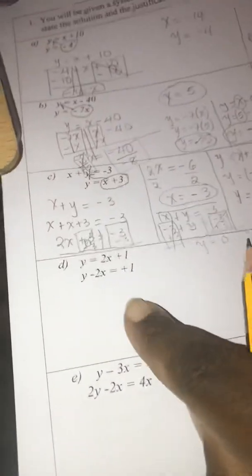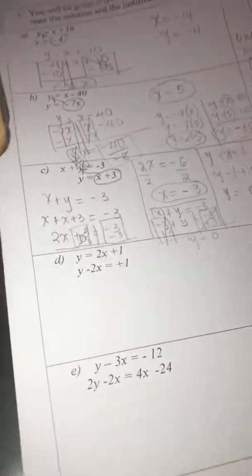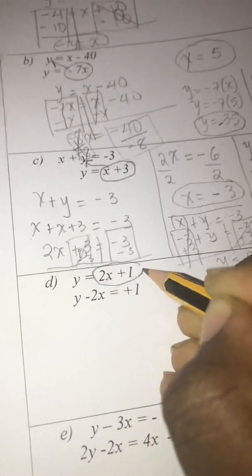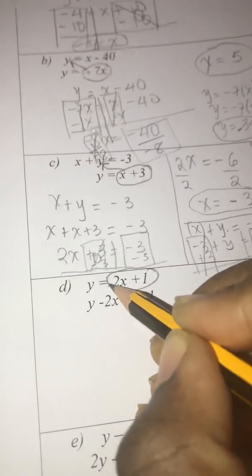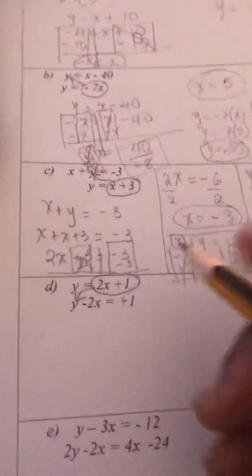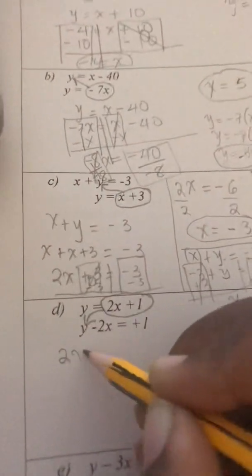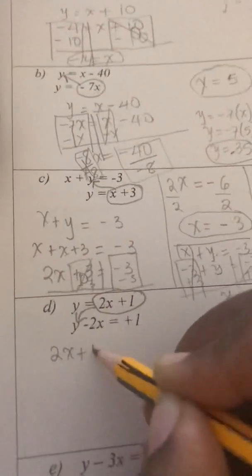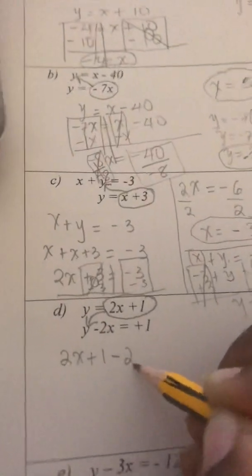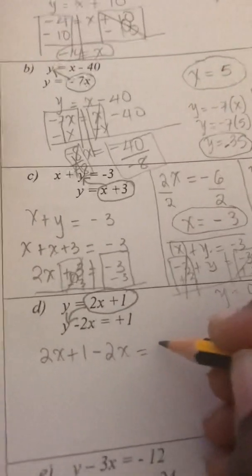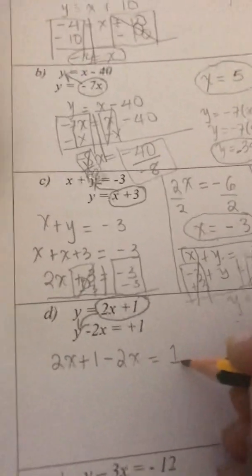All right. Let's do this. I know y is 2x plus 1. So this y will come here to this y. Okay? So what will I write? 2x plus 1 minus 2x, because I'm following this, is equal to 1.